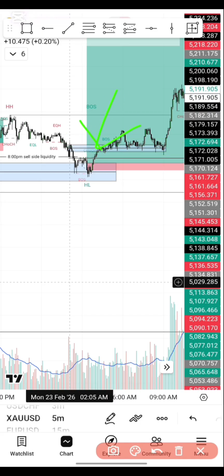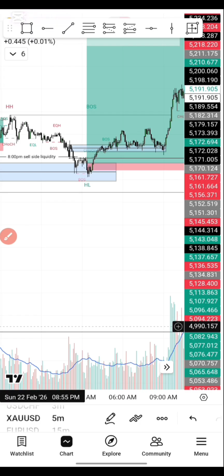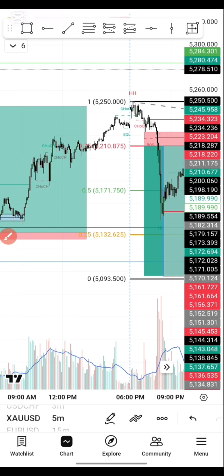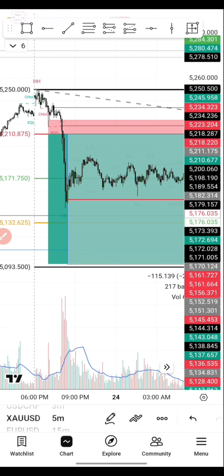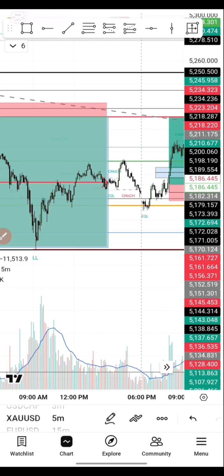So when the candles got there, they broke through very easily. So I kept holding the trade, and then the trade ended up going in my direction for the whole day. So if you're able to catch a trade in Asia session, probably you are going to hold it at the best possible price for the whole day.